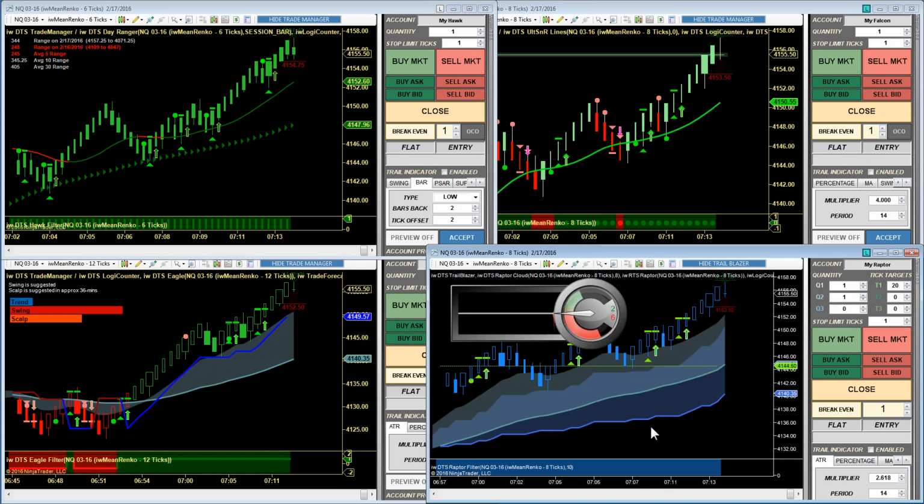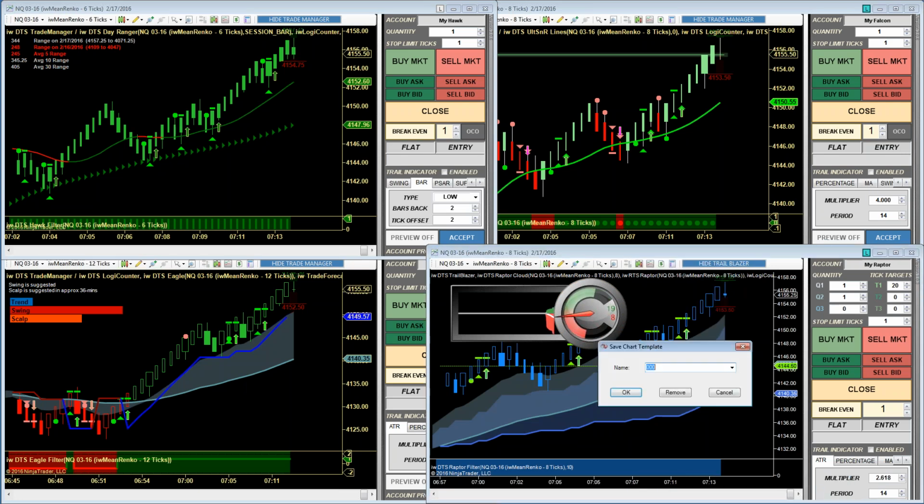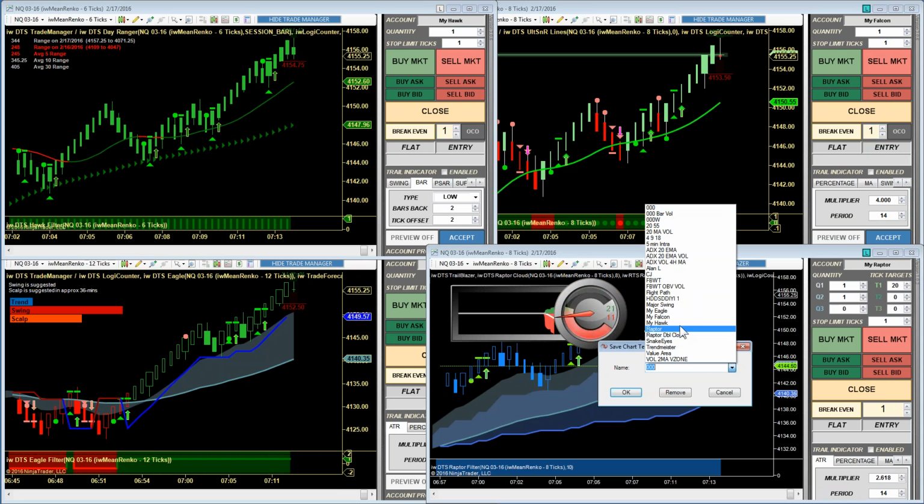And then when you have things the way you want them, save the template. So go template, save as, and I just call mine my Raptor, or Raptor, I guess.